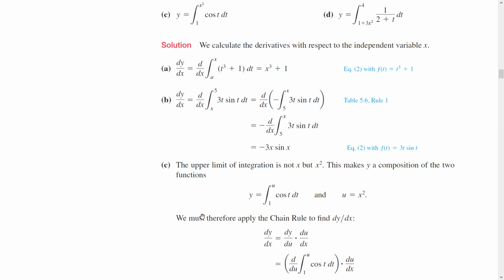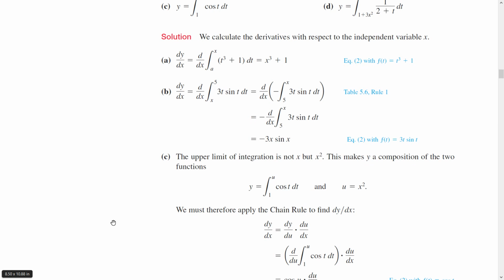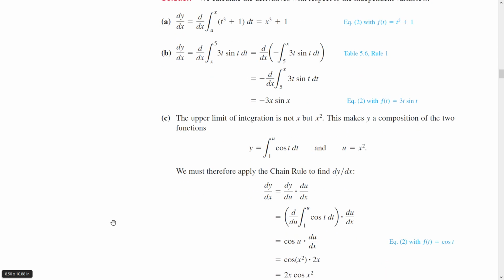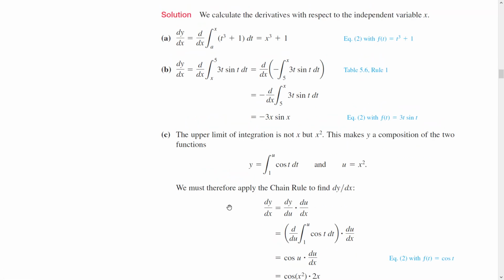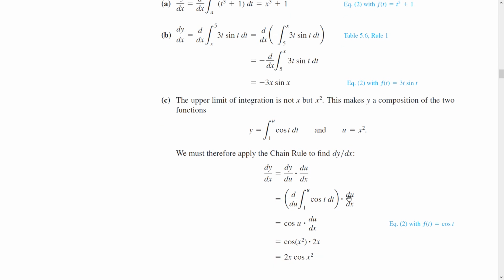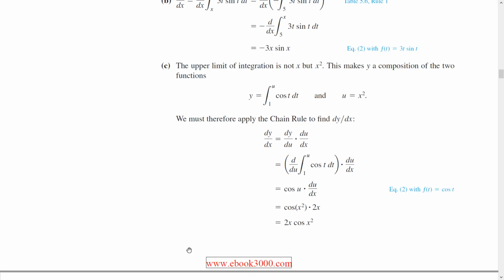Now we have to use the chain rule. Then dy by dx is dy by du into du by dx, and that is d by du of this integral, because y is equal to this, into du by dx. According to the fundamental theorem of calculus, this becomes cos u into du by dx. Now u is x square, so du by dx is 2x. So the answer is 2x cos x square.